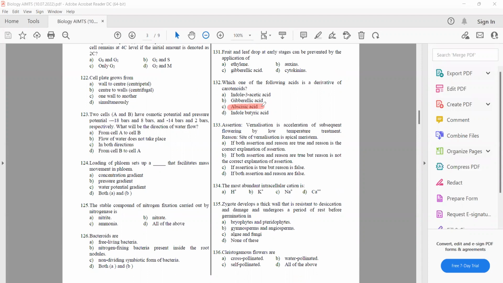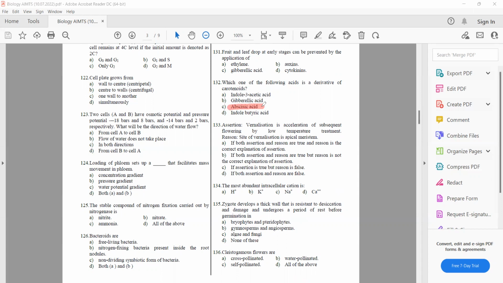133. Assertion: vernalization is acceleration of subsequent flowering by low temperature treatment. Yes. Reason: the site of vernalization is apical meristem. Vernalization is artificial exposure, right? When we subject the respective plant to low temperature, there will be flowering, which enhances seed production.